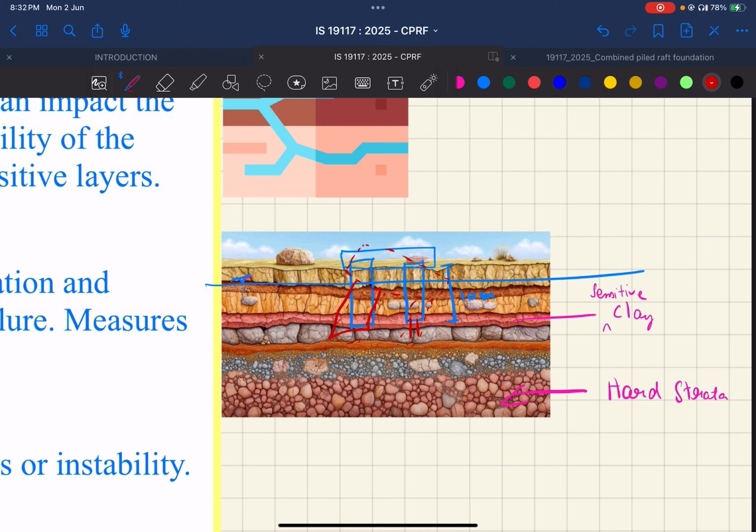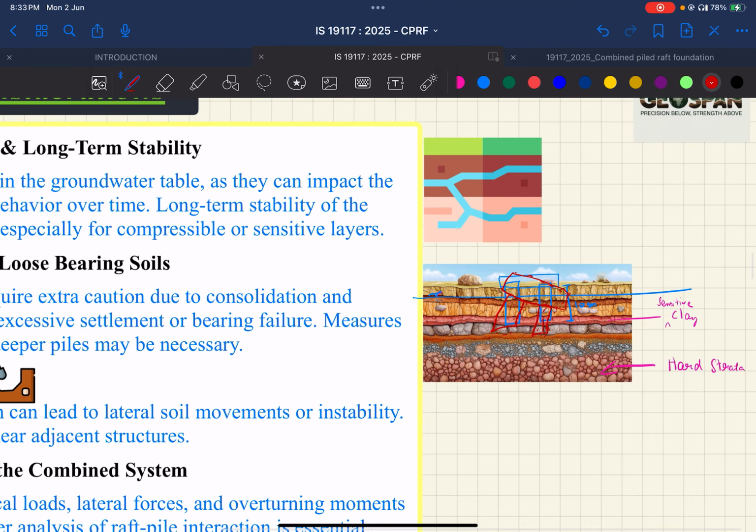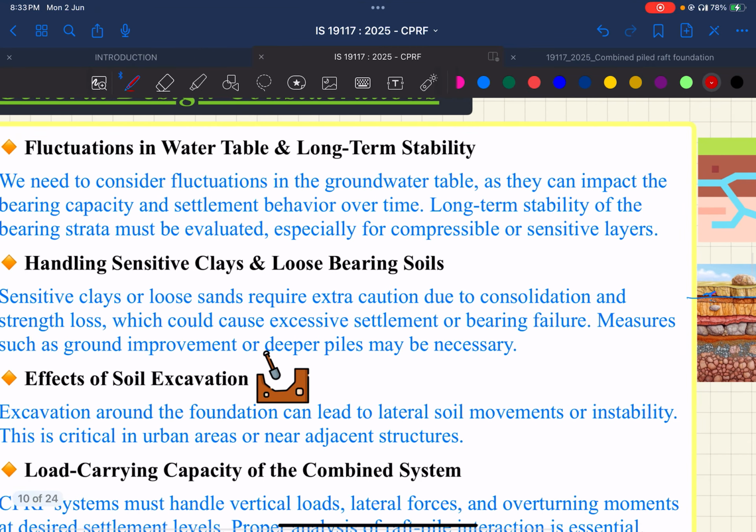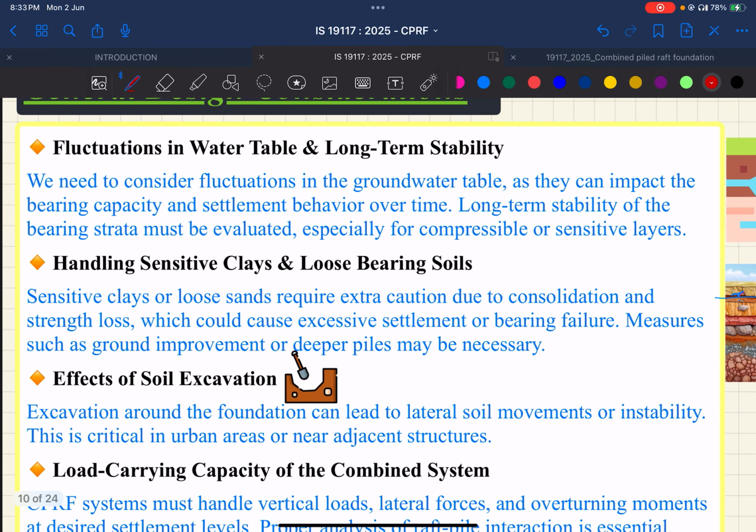So this kind of excessive settlement may occur when we haven't done a proper geotechnical investigation and we have been placing the pile over the sensitive clay. So to avoid these kind of accidents, there should be a proper handling of sensitive clay and loose bearing soil strata.